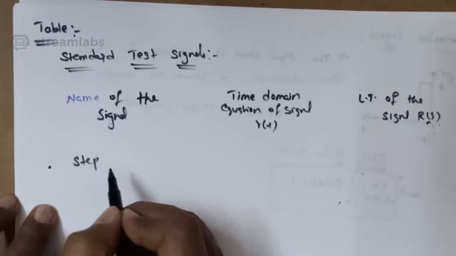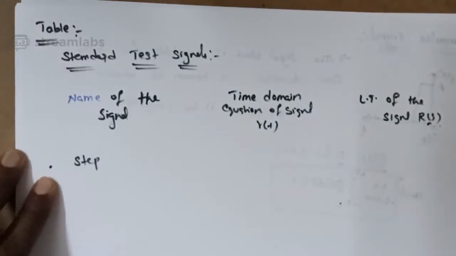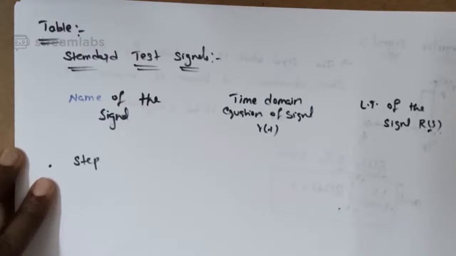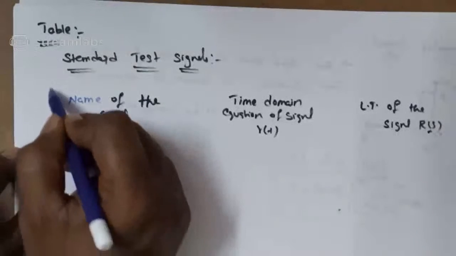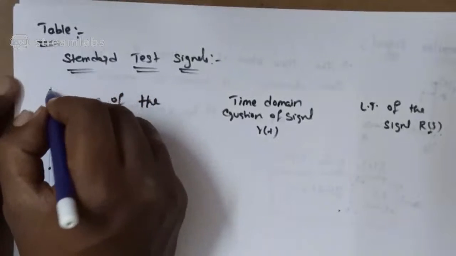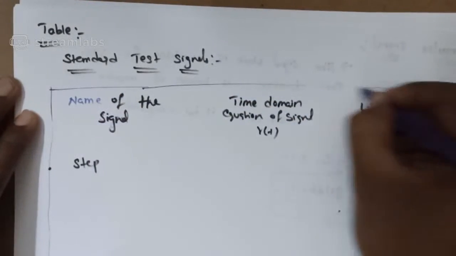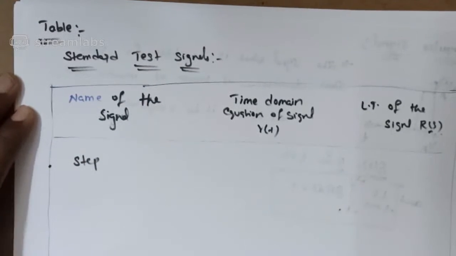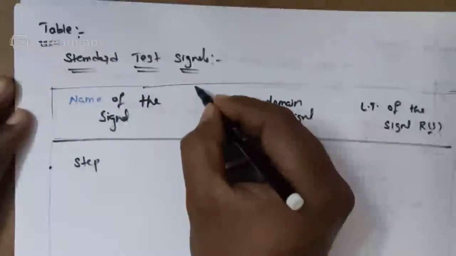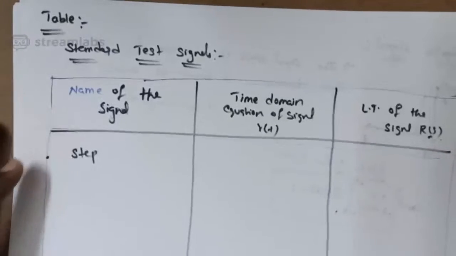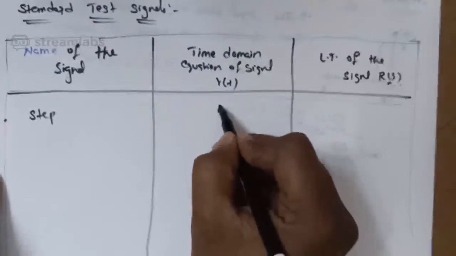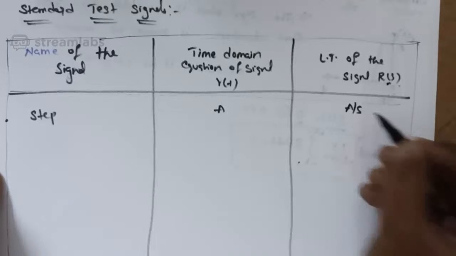So for the step signal, the time domain is A, and the Laplace transform for A is A by s.